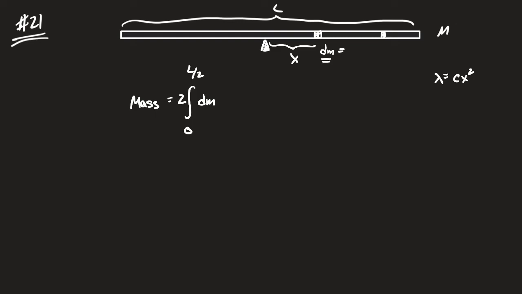They've given me the linear density. In fact, they've said that the linear density is a function. So what I'm going to do is assume that every one of these pieces is dx wide. dx wide. That's a small bit of distance.